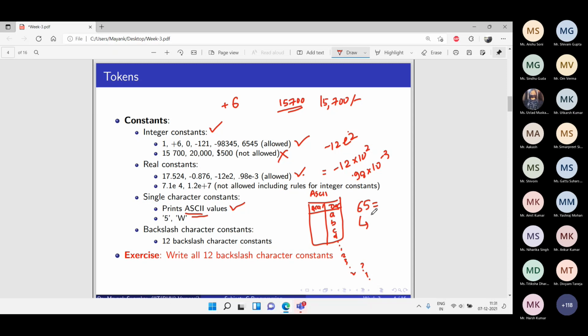If you open the internet and see the ASCII table, you can see all the values. There are a total of, I think, 256 ASCII values. However, on your keyboard, only 108 keys are there.